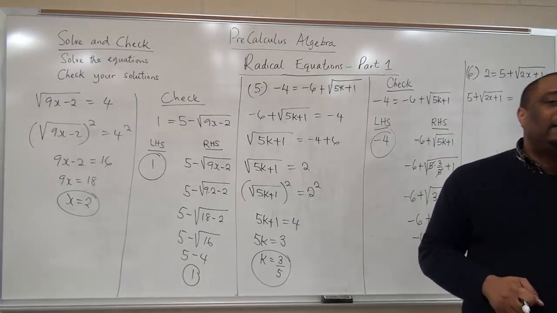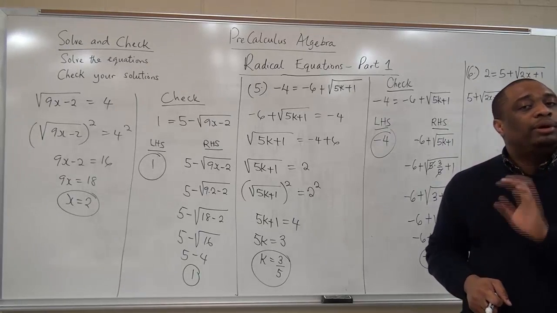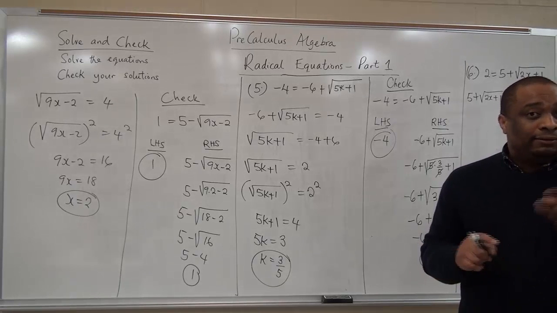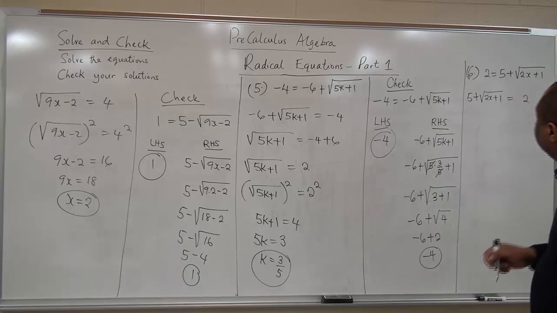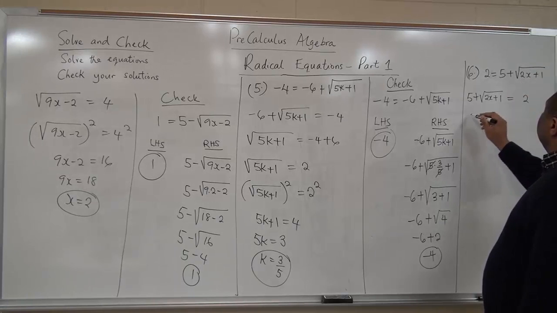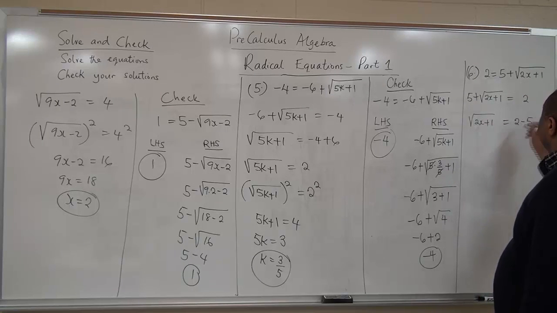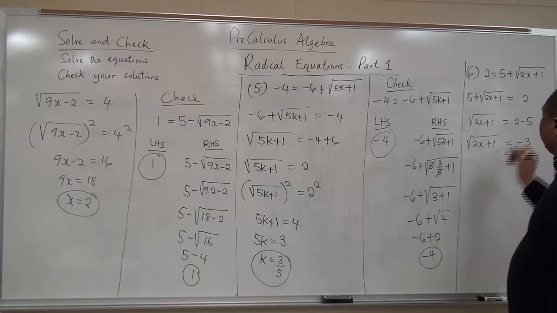If the left-hand side does not equal the right-hand side, you try to find out your mistake. Okay? So the square root of 2x plus 1 is equal to 2 minus 5. Square root of 2x plus 1 is equal to negative 3.